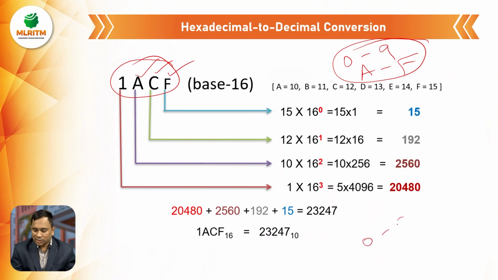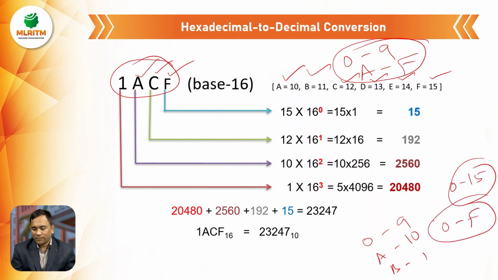First, the values 0 to 9 stay as they are. For A, I am giving 10, B 11, C 12, D 13, E 14, F 15. So finally, in a hexadecimal number, the varying parameter is 0 to 15, otherwise 0 to F. F indicates 15.